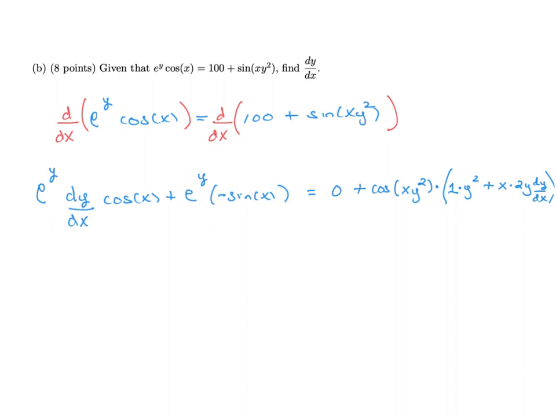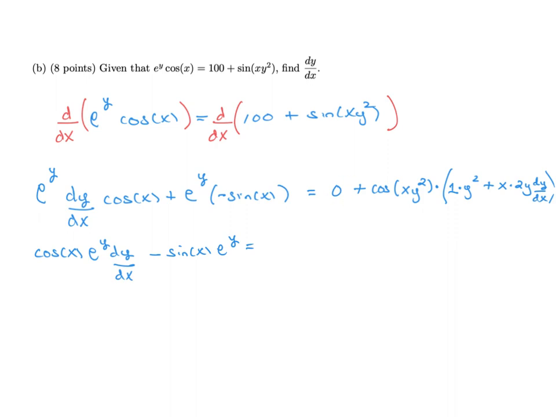Let's clean this up a little bit. I'm going to write this term as e to the y cosine x, and I'll put this last. So maybe I'll put this cosine x e to the y dy/dx. And this I'll write as negative sine x e to the y. And on the other side of the equation, I'm going to distribute this into the parentheses.